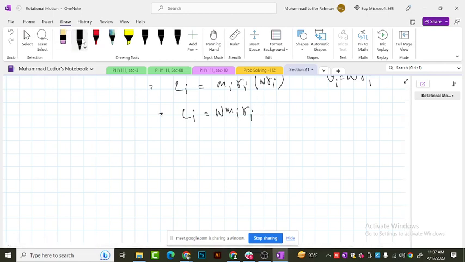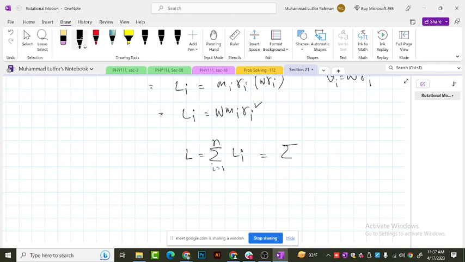I'm going to simply sum that, or I can integrate this part. So I'll write it in the general form. I'll simply write the total angular momentum. It should be the sum from i equals 1 to n of Li. Let's say there are n particles in that object, then I'm going to sum over all of those particles to find the total angular momentum of the system.